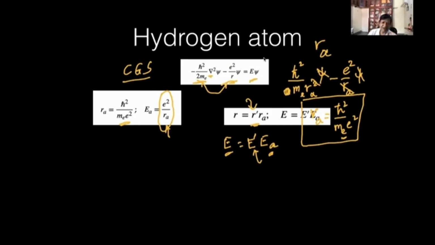So now we need to rewrite the equation. We found the two scales, the length scale and the energy scale. Now I substitute here. So minus h bar squared by 2 m_e, now the gradient is a Laplacian, so it is a second derivative. It is a division by what? One by length.